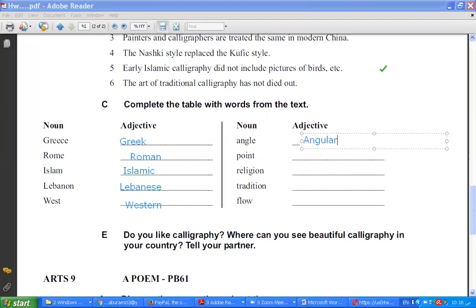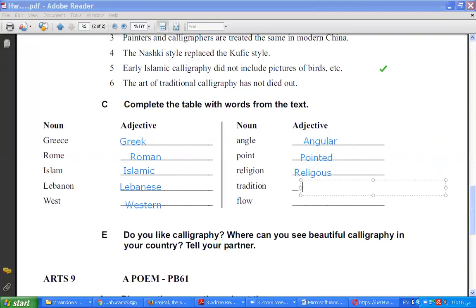Point, pointed. Do you remember the pointed brush? Yes. Religion, religious.